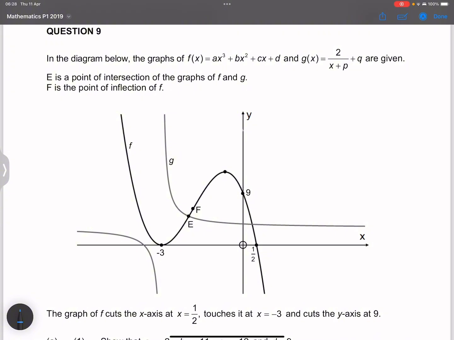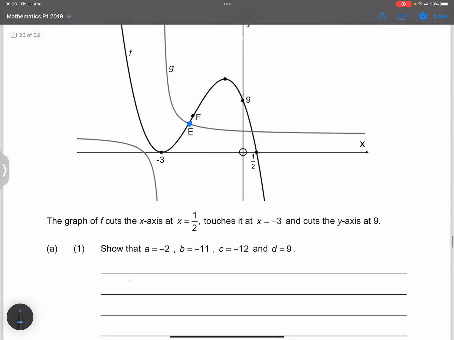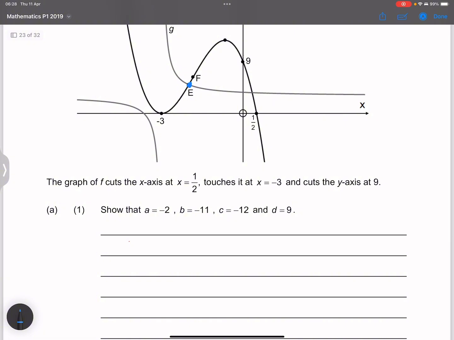So that's that point over there. And they say to us F is the point of inflection. All right, now they say the graph of f cuts the x-axis at x is 1 over 2 and touches x equal to minus 3 and cuts the y-axis at 9.